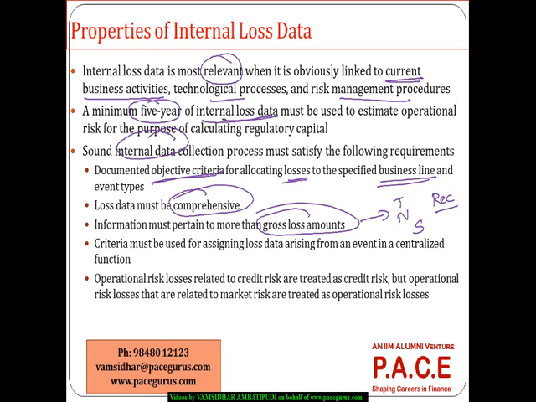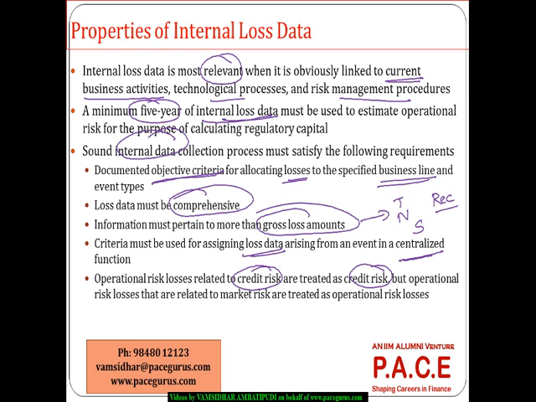And there should be clear-cut criteria defined for assigning the loss data, especially if there is a centralized risk management function or centralized loss assessment. For operational risk losses, especially where there is an involvement of credit risk, treat it as a part of credit risk.